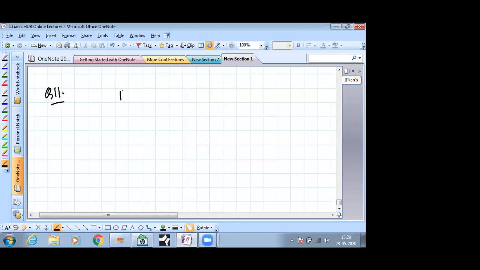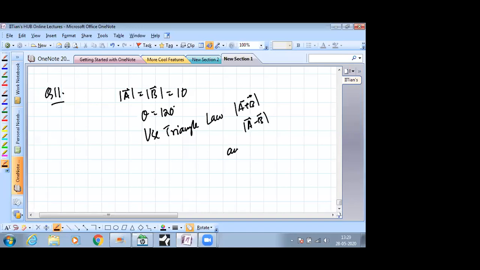Mod A is given to you, mod B is given to you as 10, and theta is equal to 120 degrees. So use triangle law for mod A plus B, mod A minus B, and so on.